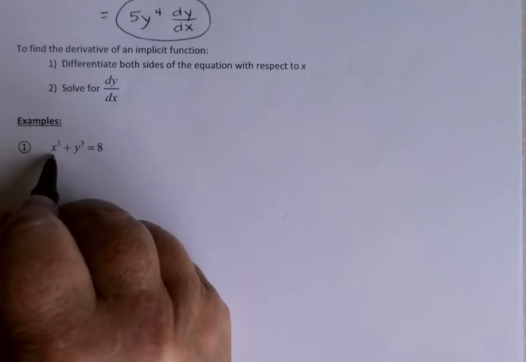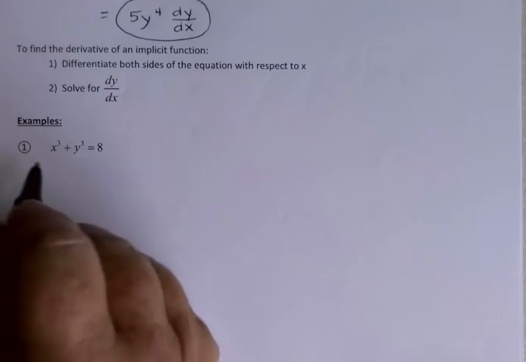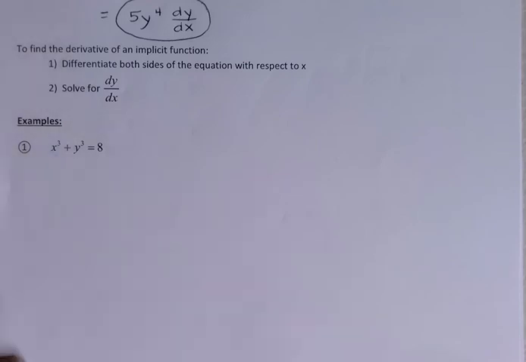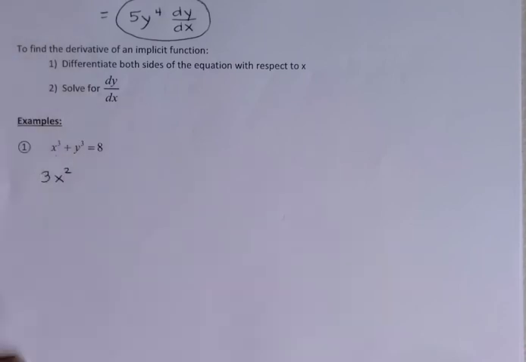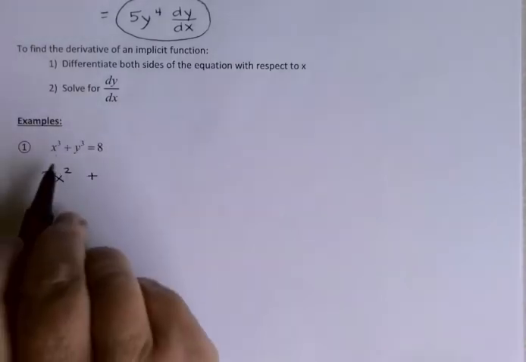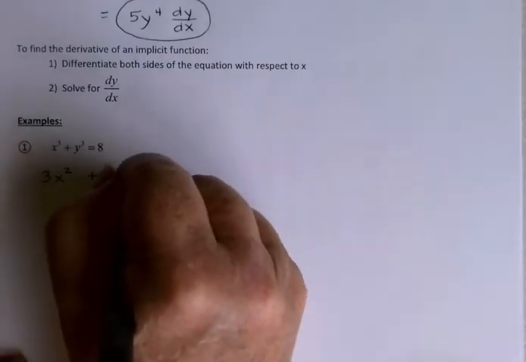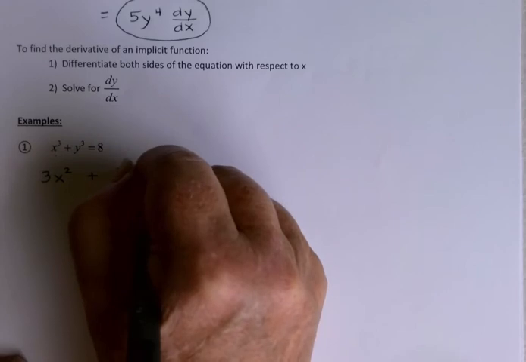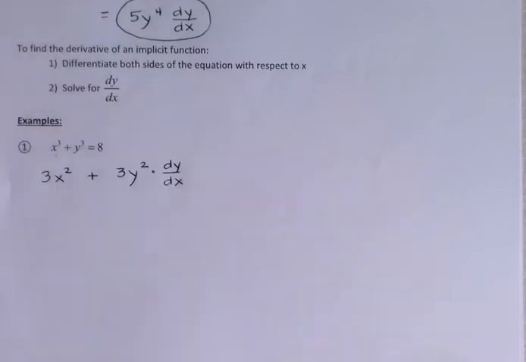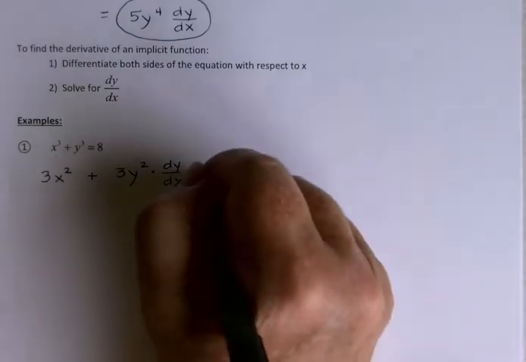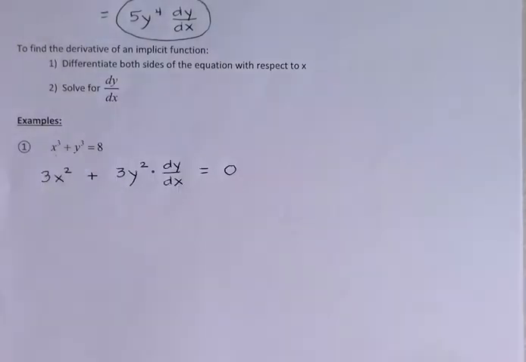The derivative of x cubed with respect to x is just 3x squared. But the derivative of y cubed with respect to x would be 3y squared times that chain rule part, the dy dx, equals the derivative of 8, which is 0.